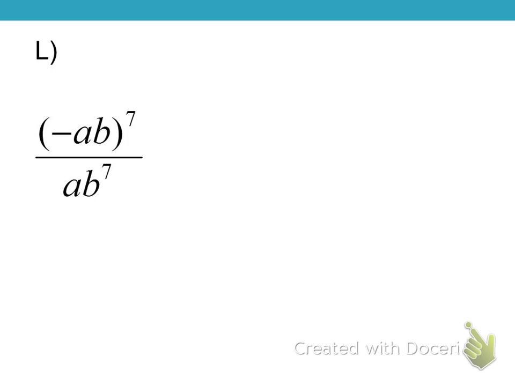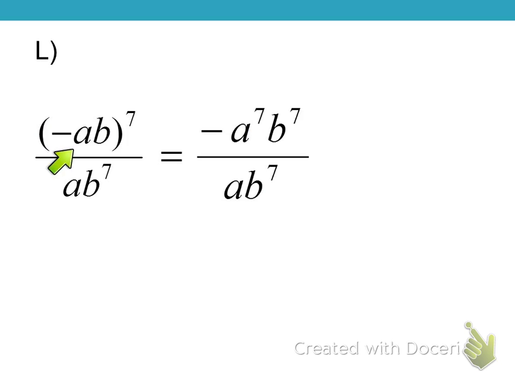All right, this one's kind of tricky. What do you think we need to take care of first? The exponent on the top. Good. So take each of those to the 7th power. Since it was in parentheses, this is a negative number to the 7th power.